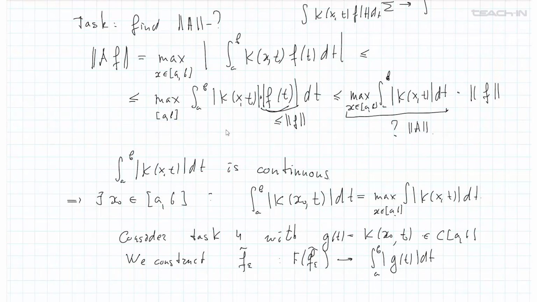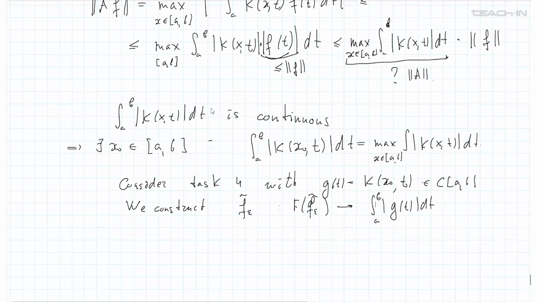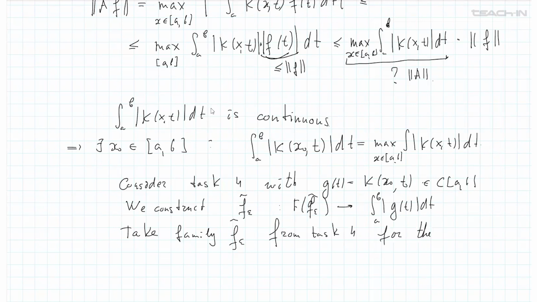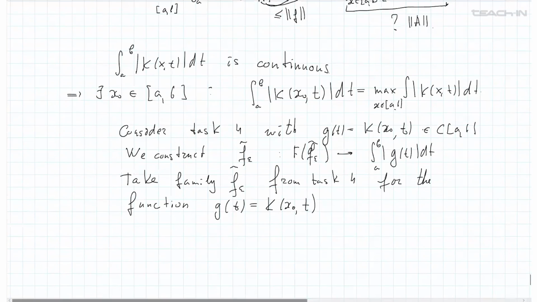So what can we do? Take this family f epsilon tilde from task 4, but for the function g(t) equals k(x0,t). Then we immediately obtain what we can say about the norm of this operator.